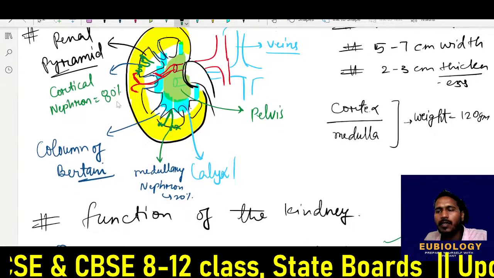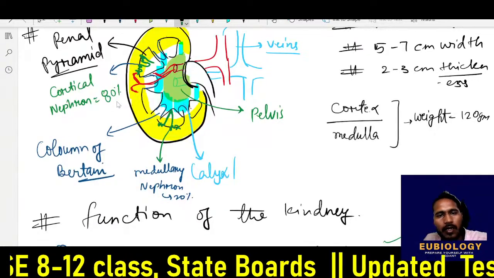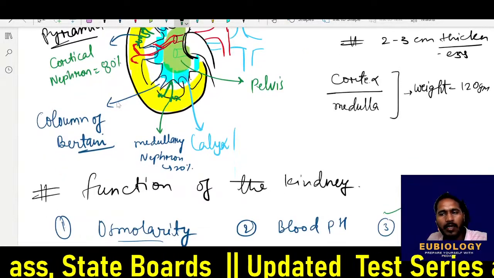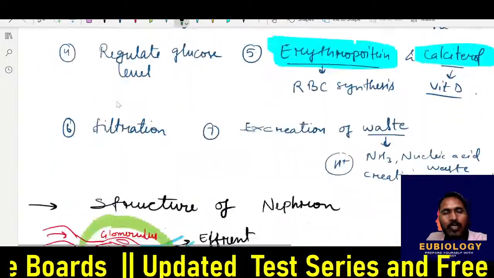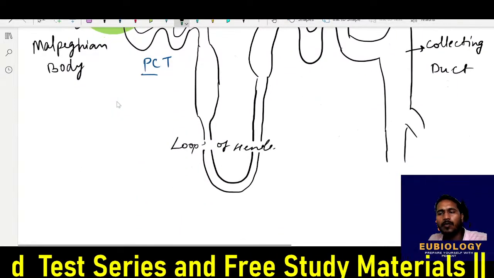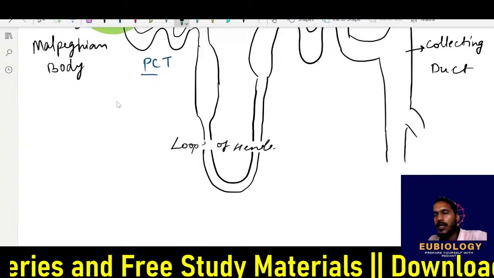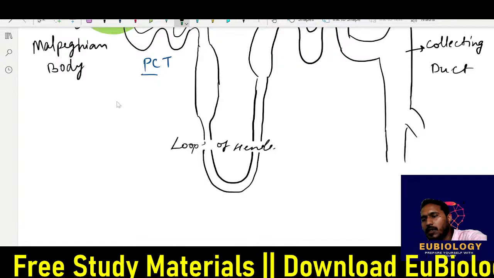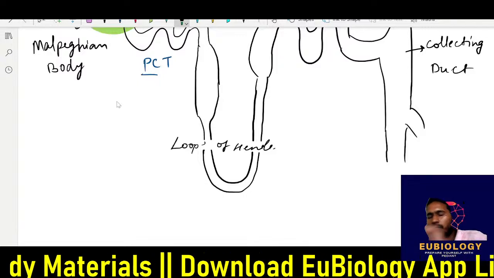So what is the main meaning of the juxtamedullary nephron and the cortical nephron? Medullary nephron or juxtamedullary nephron, both are the same. This depends upon the loop of Henle, how deep it is going inside.